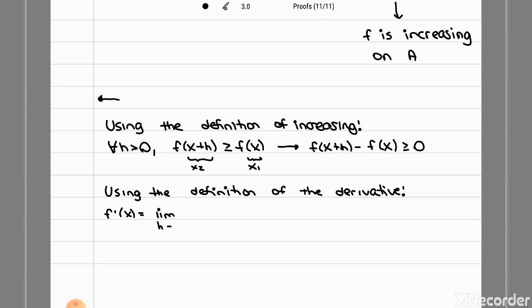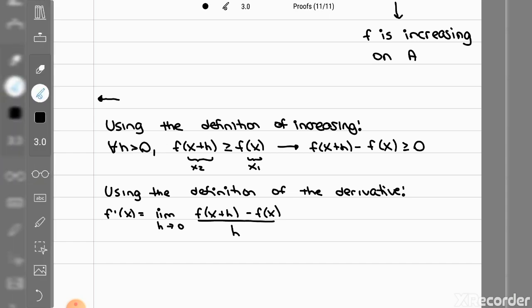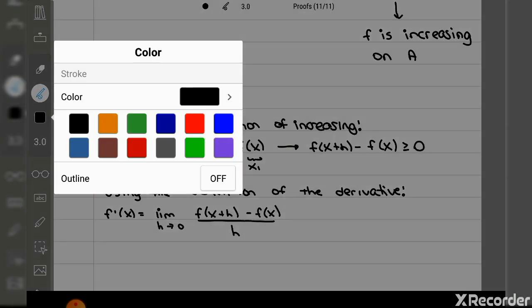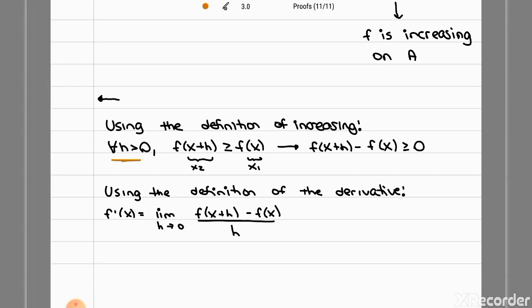So limit as h goes to 0 of f of x plus h minus f of x divided by h. So we know from the beginning that h is positive. That was the difference between the x's. So the denominator is greater than 0.